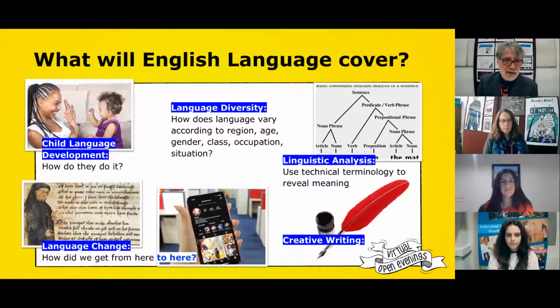So that picture on the left-hand side is from a handwritten manuscript, because it's from the days before printing, and it's a bit of Geoffrey Chaucer from the 14th century. I can't actually read that even with my reading glasses, but a bit of Chaucer might go something like this. Whan that April with his shoures soote, the droghte of March hath perced to the roote. Now that's a bit of Middle English, and it sounds a bit different, doesn't it, from today?